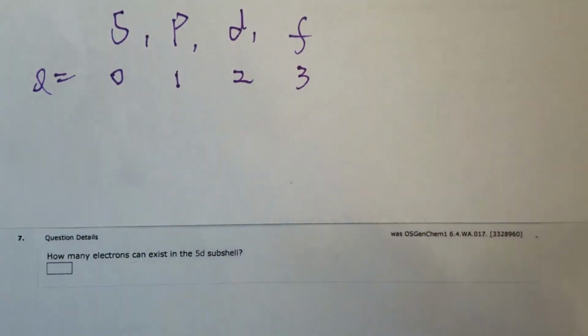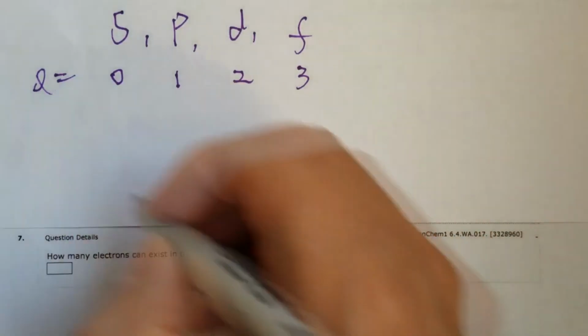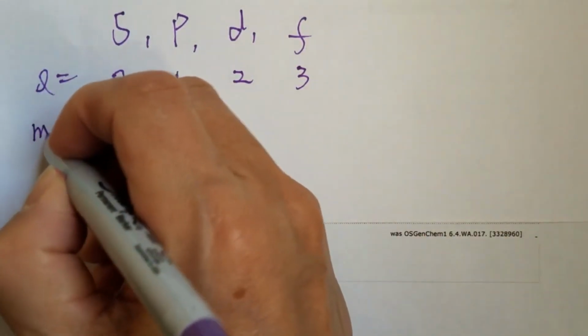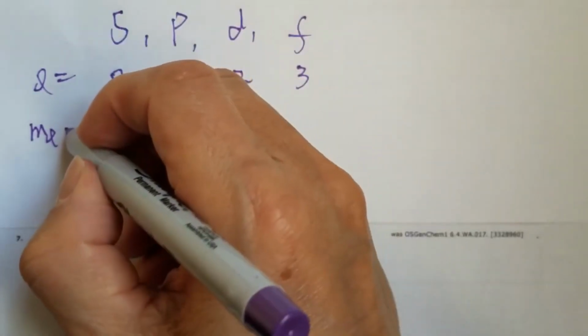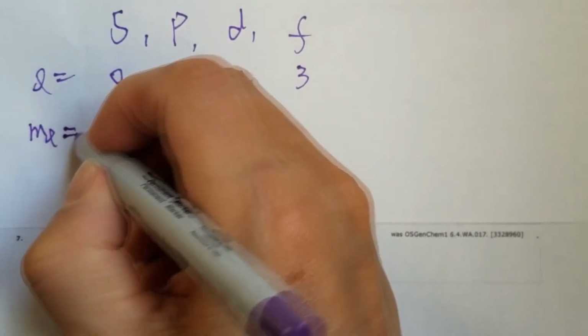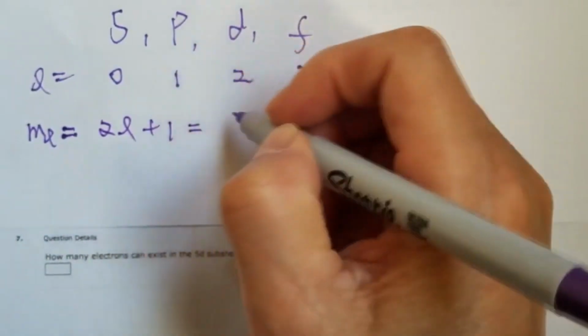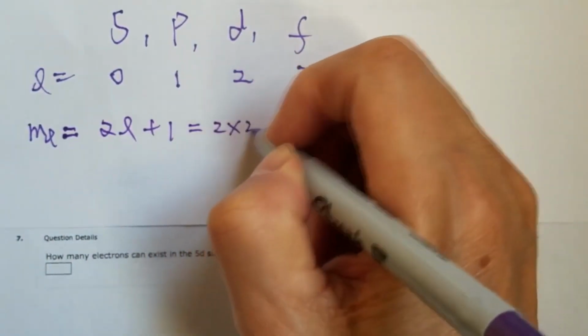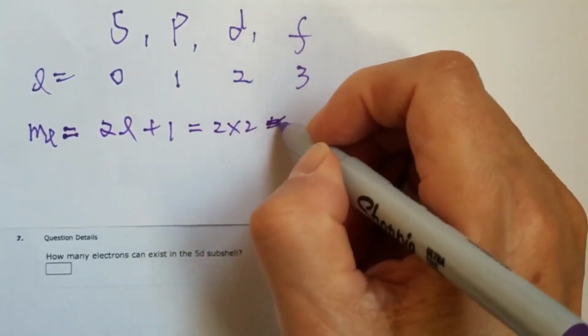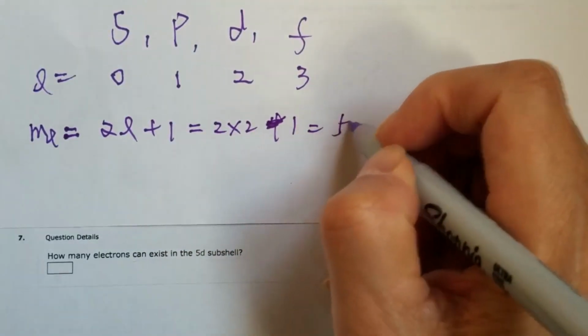Then the number of orbitals. What is an orbital? ML, that's the orbital. We can calculate that using 2L plus 1, and L equals 2, so 2 times 2 plus 1, that's 5 orbitals.